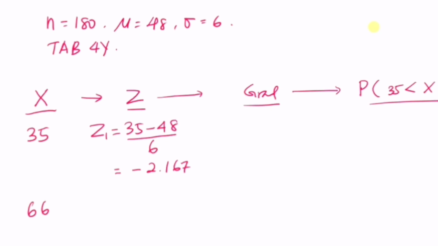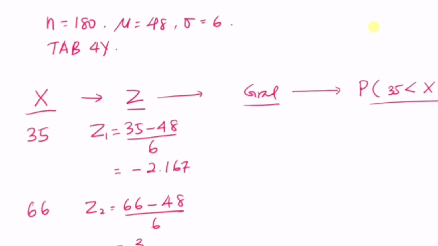And then you do the same for the 66. So we call this z2. For conversion of 66 to z-score, we use the same formula. So we write z2 equal to 66 minus 48 over 6.